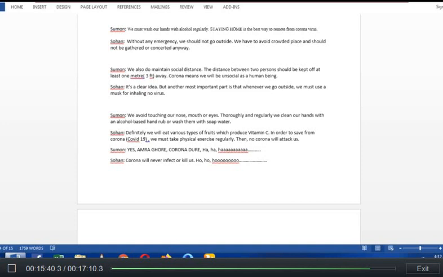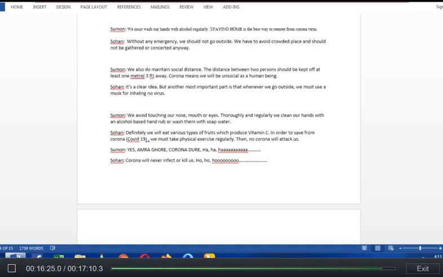Yes, okay. It's a clear idea. But another most important part is that whenever we go outside, we must use a mask to avoid inhaling the virus. Okay, we avoid touching our nose, mouth, or eyes. Thoroughly and regularly we clean our hands with an alcohol based hand rub or wash them with soap and water.